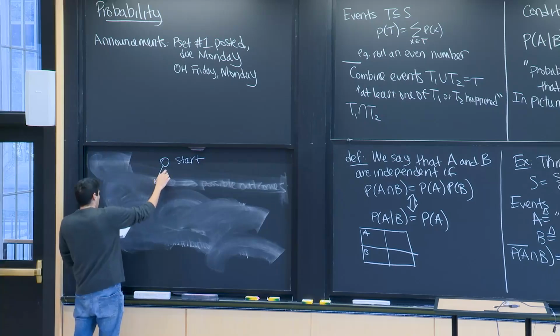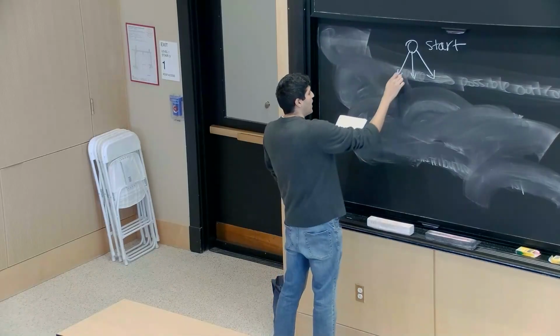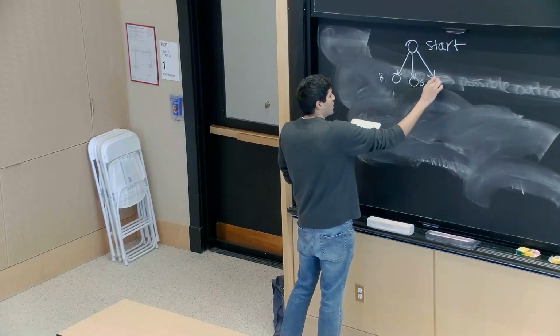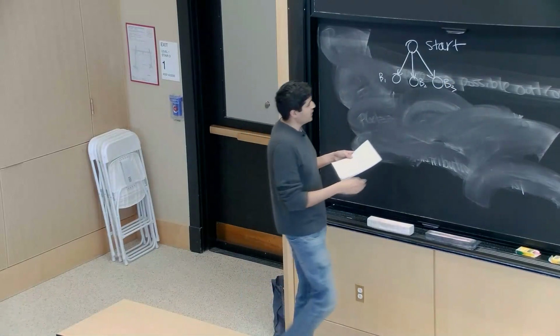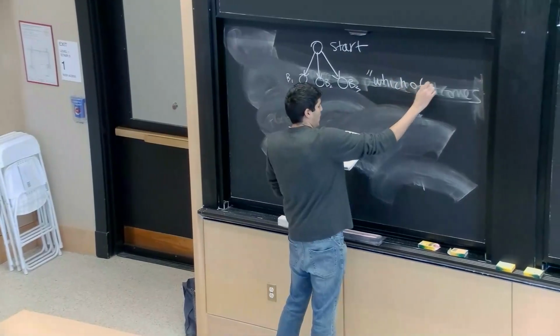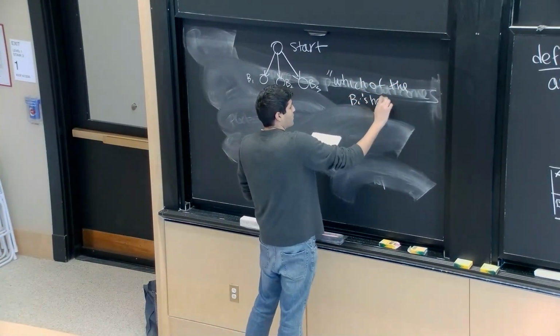Maybe we start off our random process, and then we have a whole bunch of possibilities like B1, B2, B3. So what I'm deciding here is really the answer to the question, which of the BIs happens.